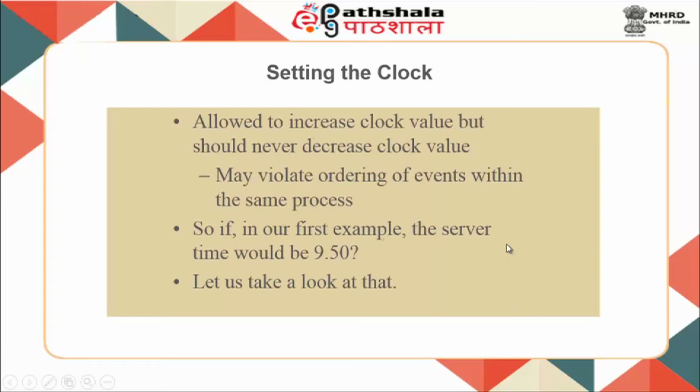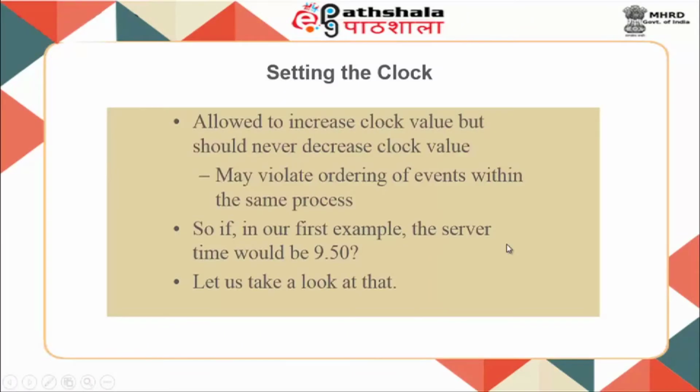Make is a process that takes a look at all the changes that have been made in a program and recompiles only those programs that have been changed since the last compilation. If we set back the clock by any amount of time, then when make takes a look at the time, everything will be in disarray. So, therefore, a golden rule in clock setting is that we should never set the time backwards.